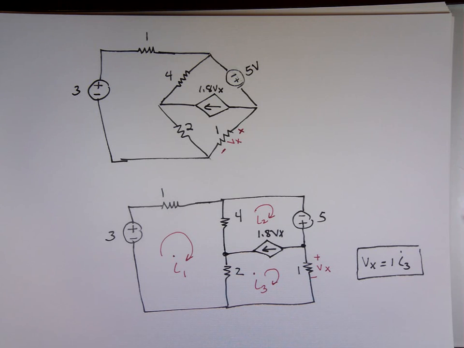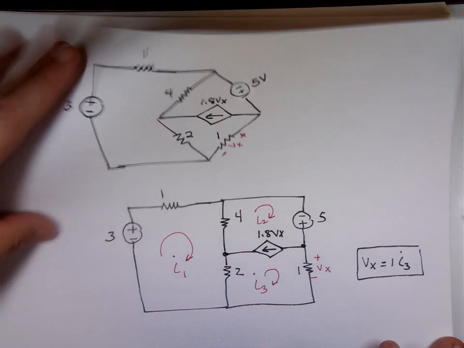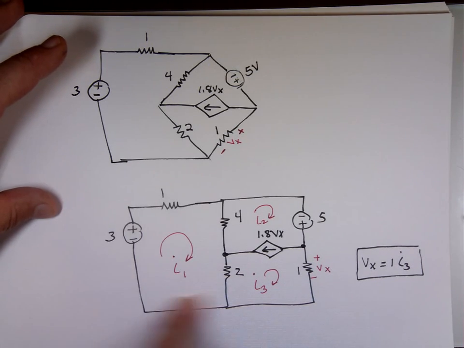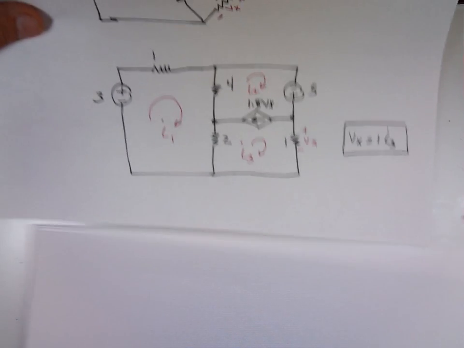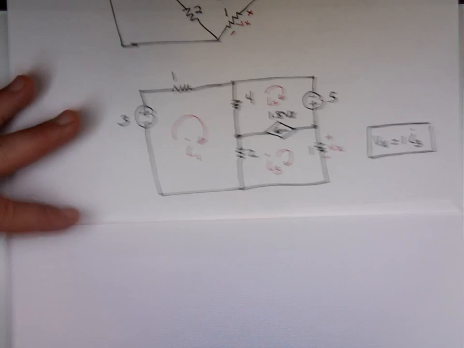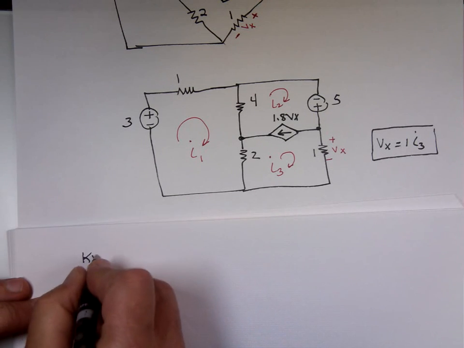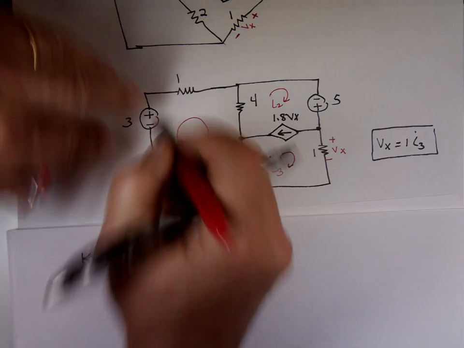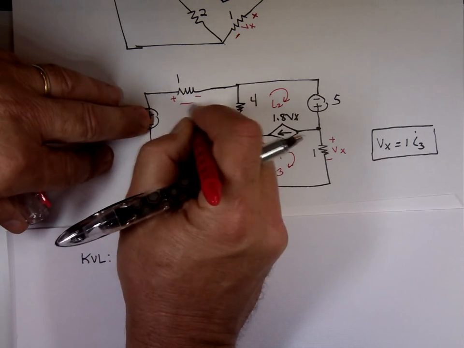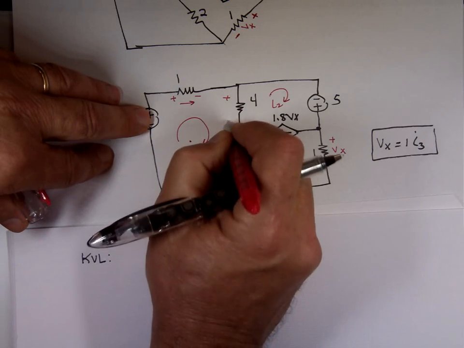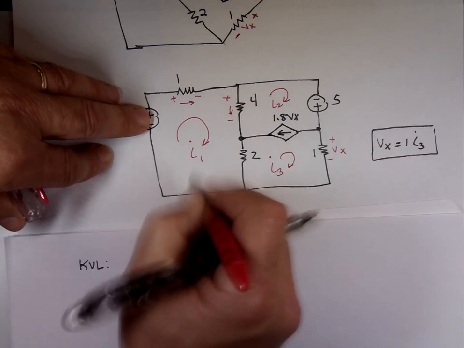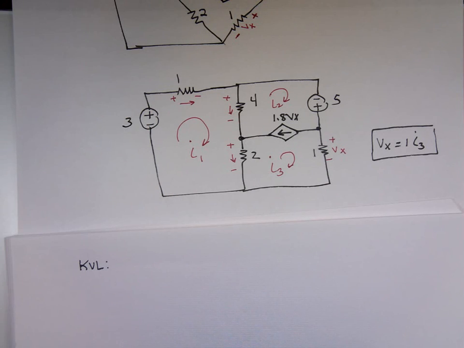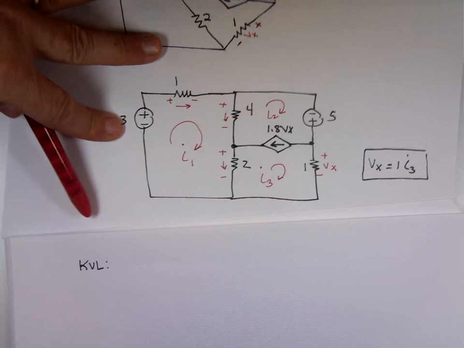So now I'll do KVL right here. I'm going to be traveling this way. I'm going to mark this plus, minus. I need that current. Plus, minus. I need this current. I'm going clockwise. Plus, minus. I need that current. What's that? -3?